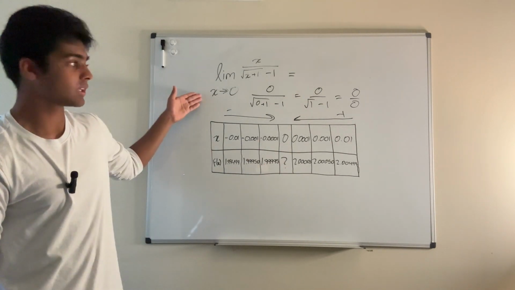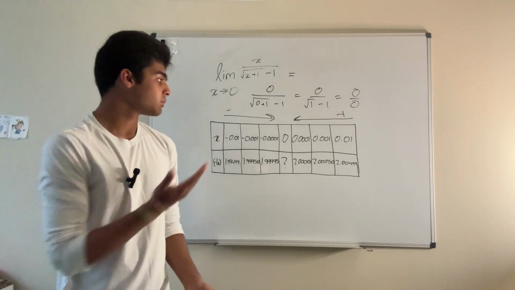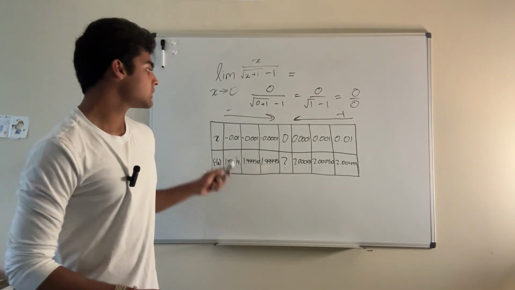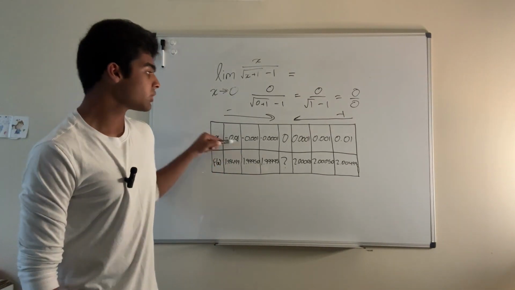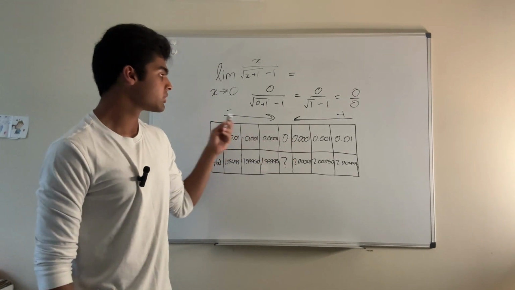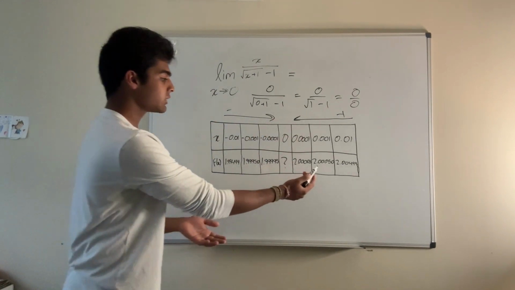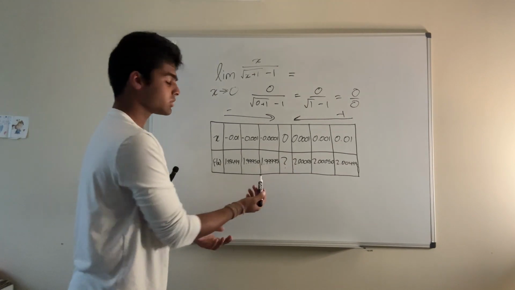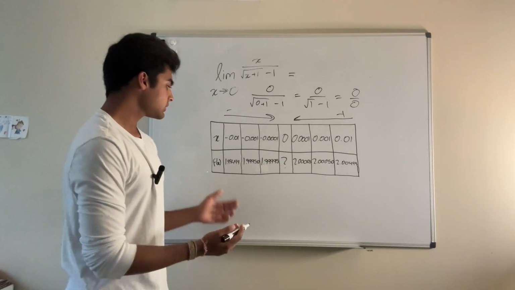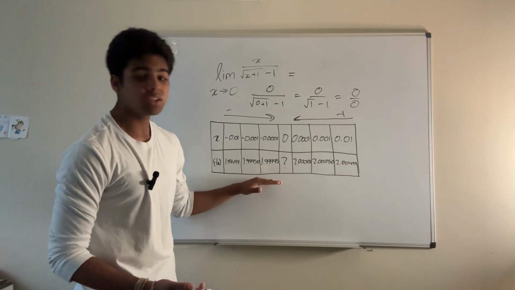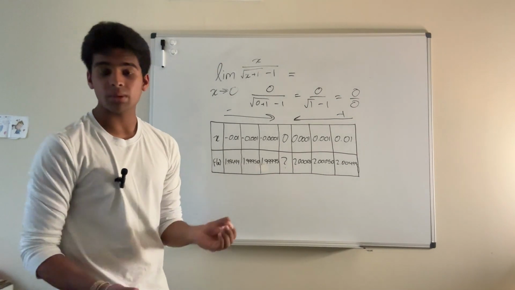And that's why we're taking the limit. So back to this table, we can see that as the values get closer and closer to 0 from both the left and the right, these values seem to be getting closer to what value? Well, we can see that these values are really close to 2, but right below it.